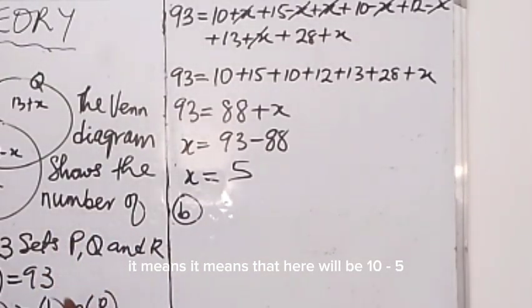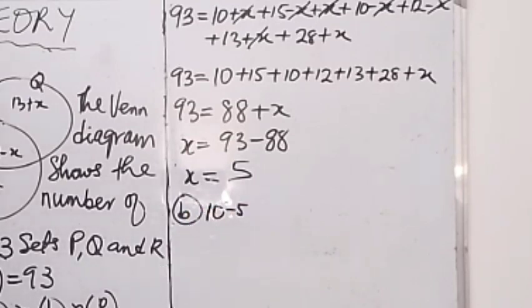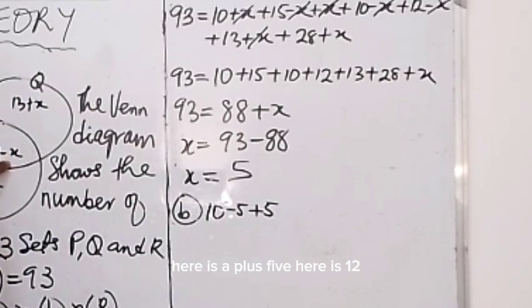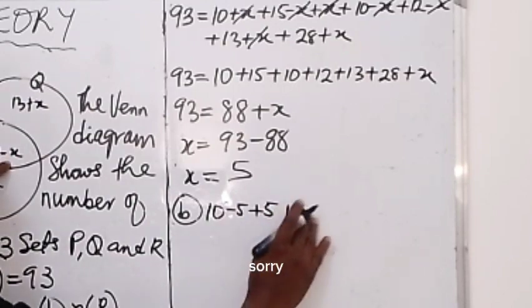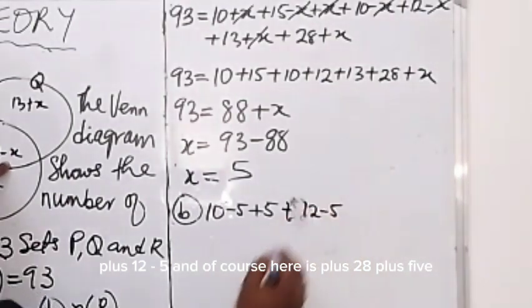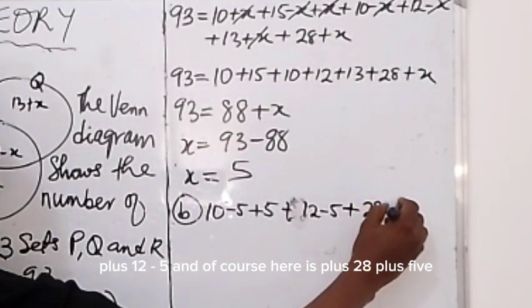that here will be 10 minus 5. Here is plus 5. Here is 12 minus 5. And of course, here is plus 28 plus 5.